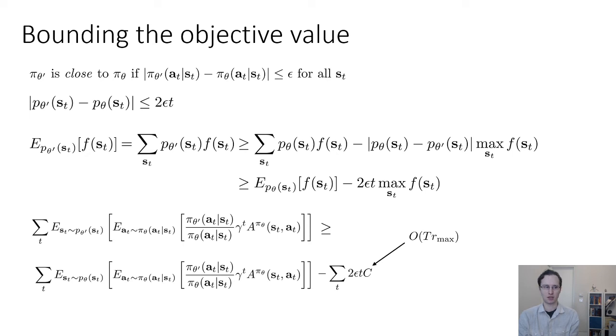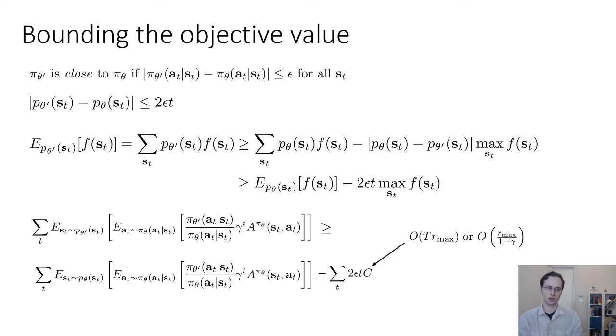The expected value of any function can't possibly be larger than the largest value that function takes on. And the largest value that an advantage can take on is the number of time steps times the largest reward. So C is on the order of the number of time steps times R max.